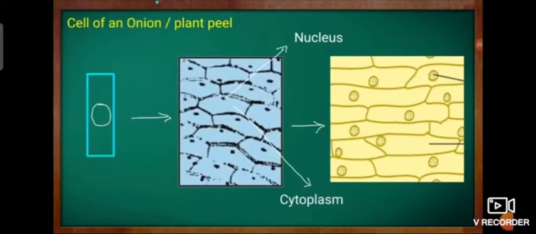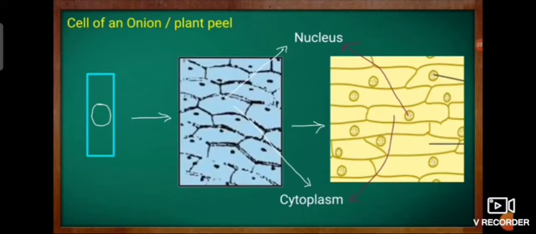So a cell generally contains cytoplasm that holds the other organelles inside the cell, and the most important and main organelle of the cell is the nucleus. The nucleus is important for cell division, and the cytoplasm holds all the cellular organelles.